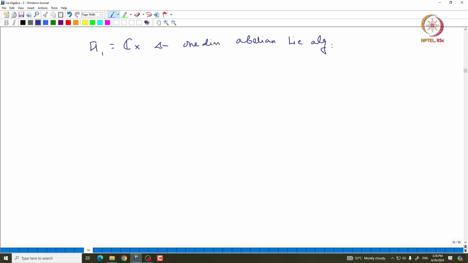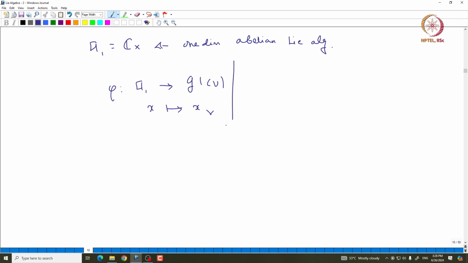Then if you look at its representation, it will be a map from A1 to some GL of V. So x is mapped to some x_V. There is no restriction; we can choose any operator, send x to that operator and extend linearly, then you get a representation. Because [x, x] is 0, that is true, and [x, x]_V will become 0. So that gives you a representation.